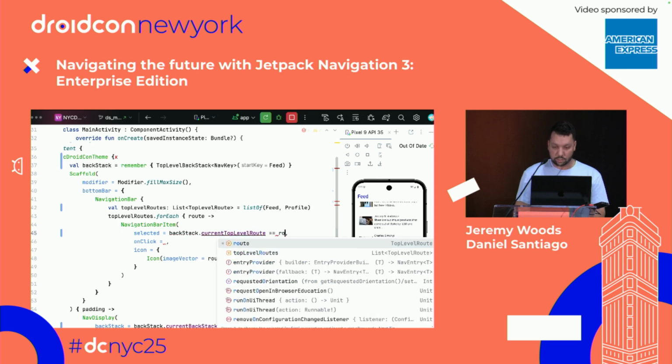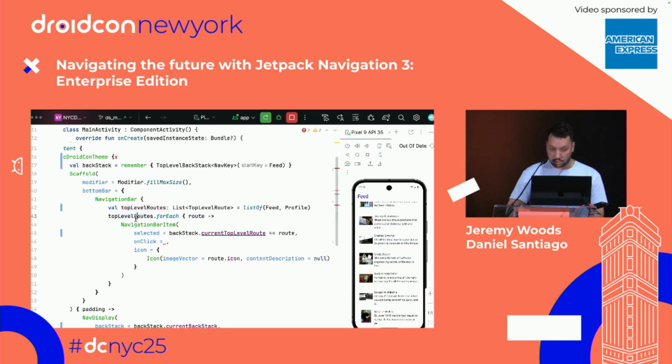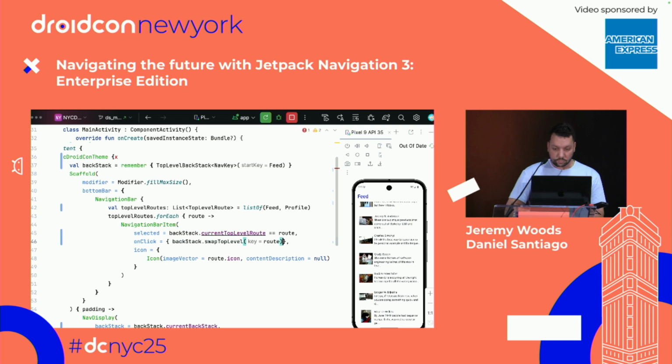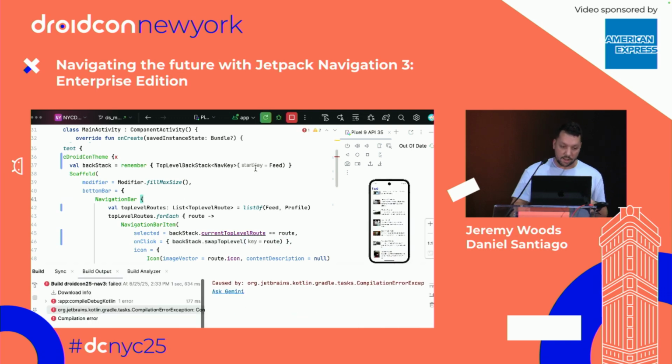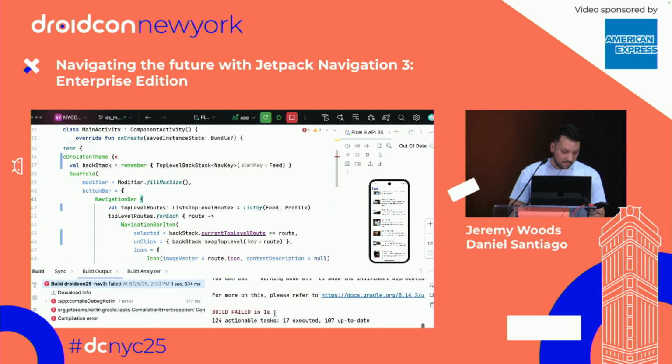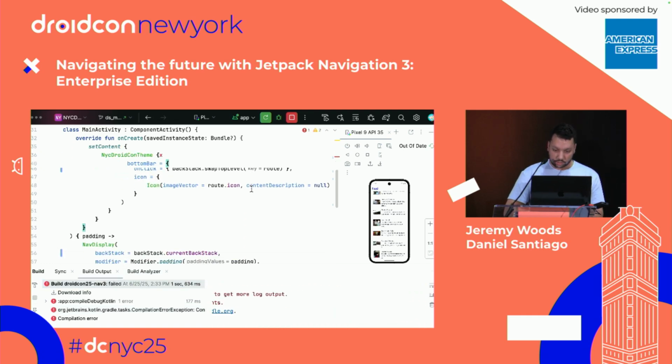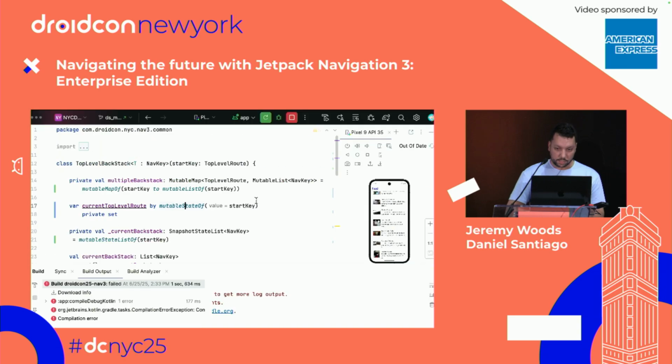So I'll just throw it in here because this is for each of those top level destinations. And then clicking on the bottom nav is actually swapping routes. And so if we do this, we should be able to run this and get a bottom nav. Oh, we got a nice, very demo. So we got a top level backstack.